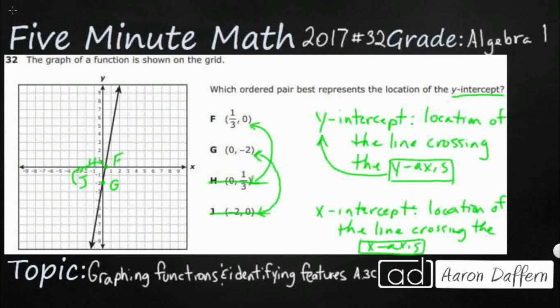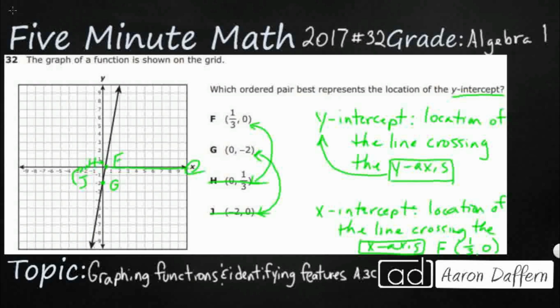And if you notice here, here's my x-axis. That's right there. That's that F. So that F is going to be my x-intercept. And the full ordered pair, right, is going to be 1/3, 0. Because it's where y is 0, that's where your x-intercept is.